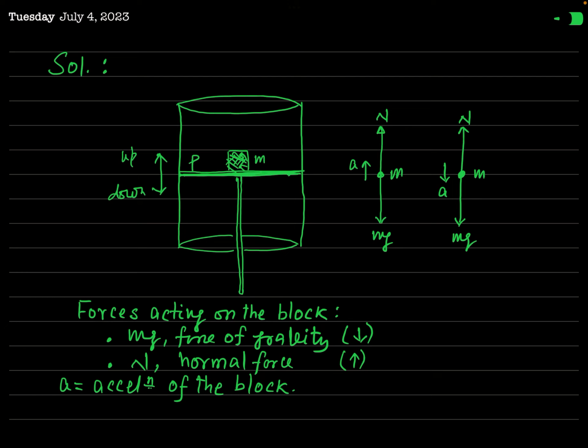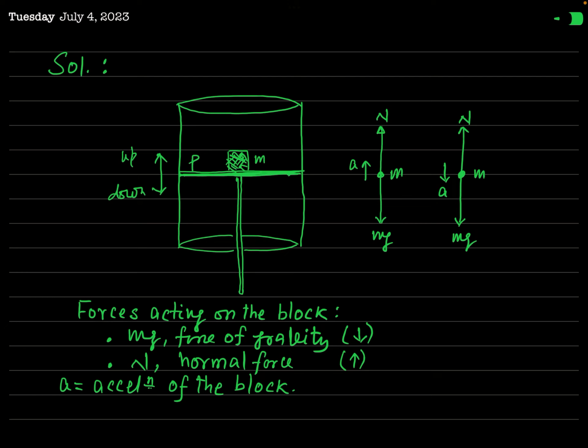So let us first of all see what will be the equation of motion of this block. When you say equation of motion, it means we are going to find the net force acting on it, and getting the net force, we can write its equation of motion. Now let us see here.